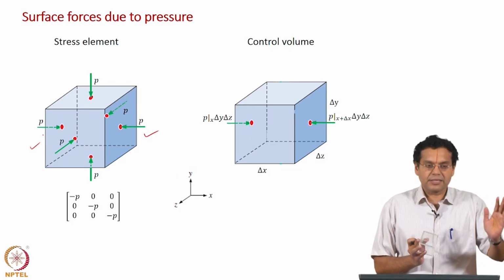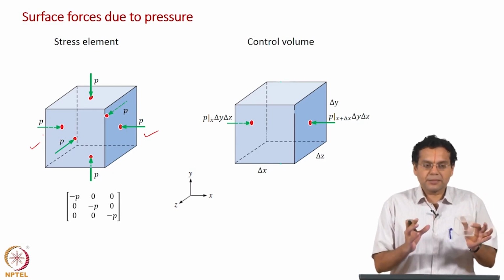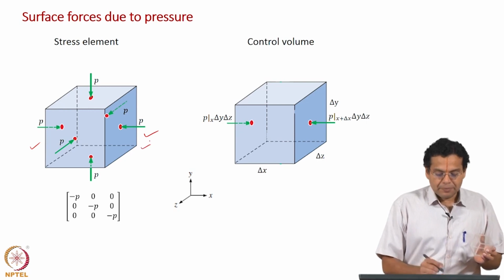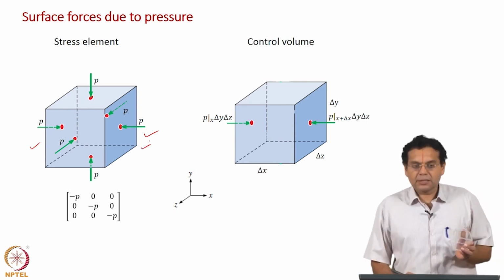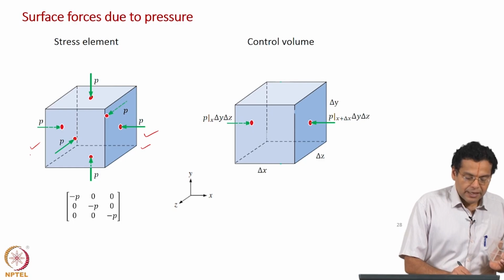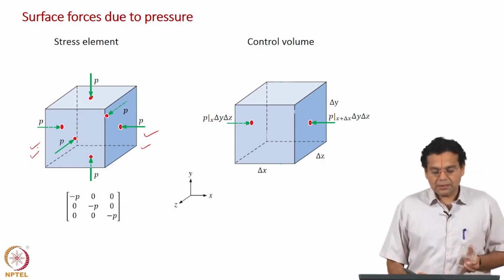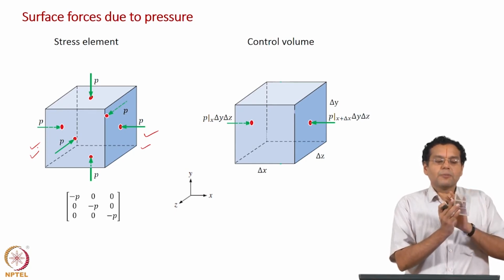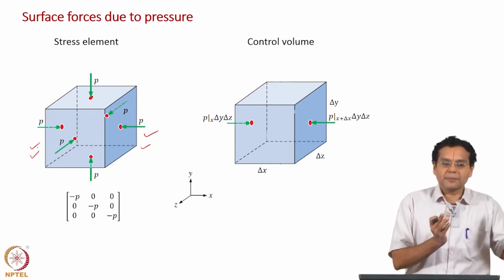So, stress element is a pictorial representation of state of stress. On the right hand side you have a face whose normal is along the positive x axis, you have a negative face whose normal is along negative x axis, but that face is just this face and the opposite side of the same face, it is not physically separate though it is shown.